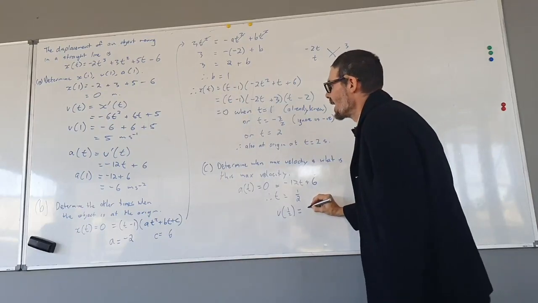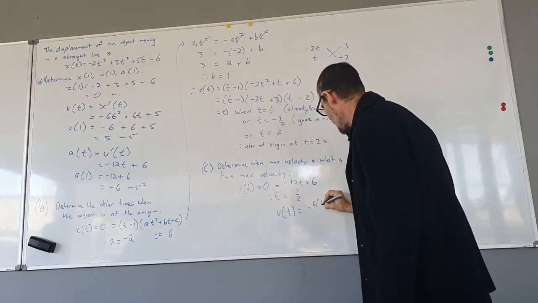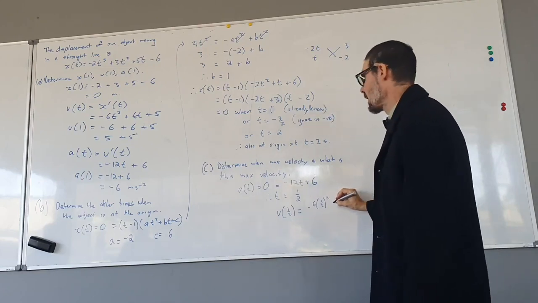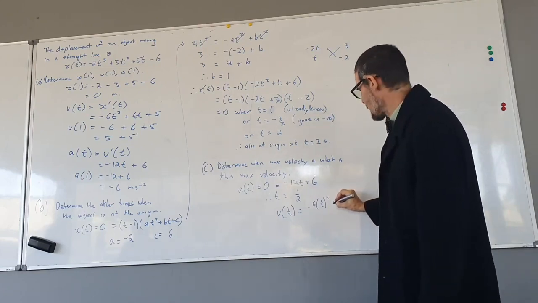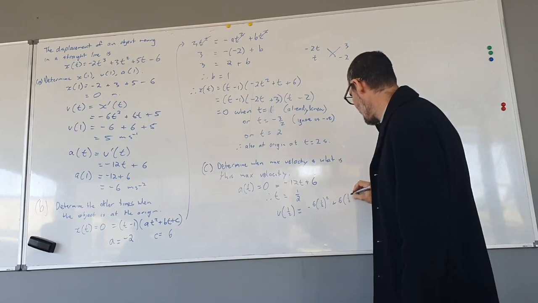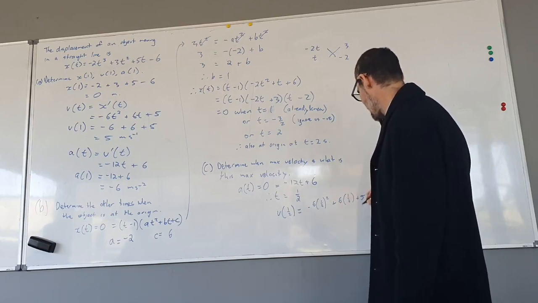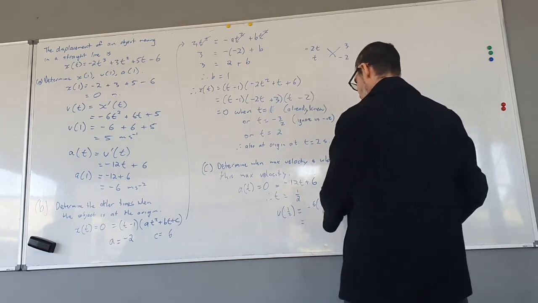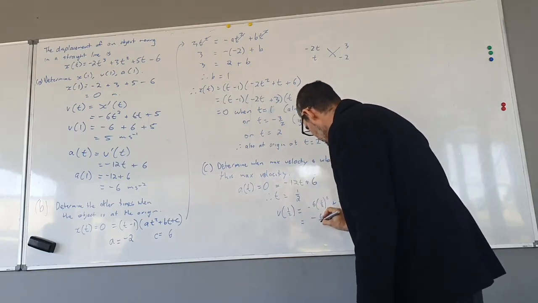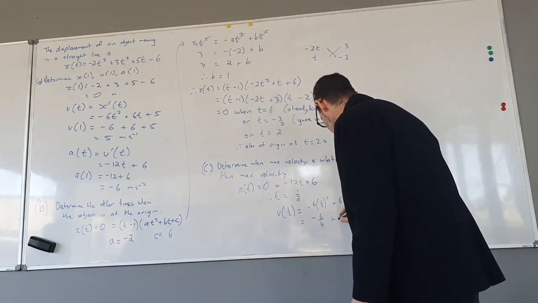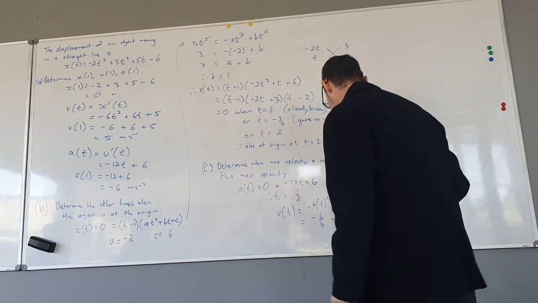Negative 6 times a half squared, plus 6 times a half, plus 5. Negative 6 on 4 plus 6 on 2 plus 5.